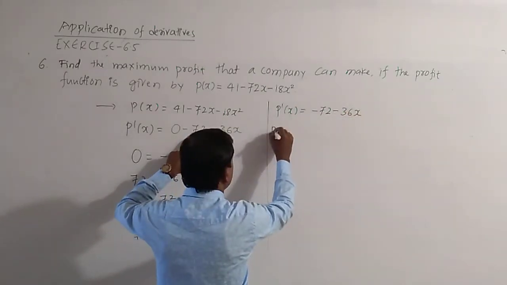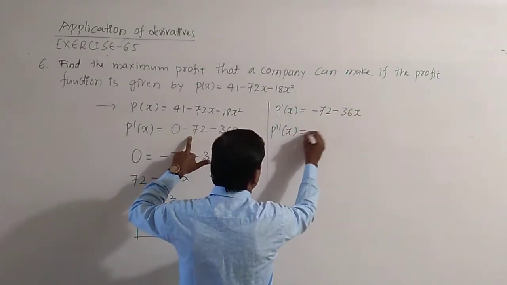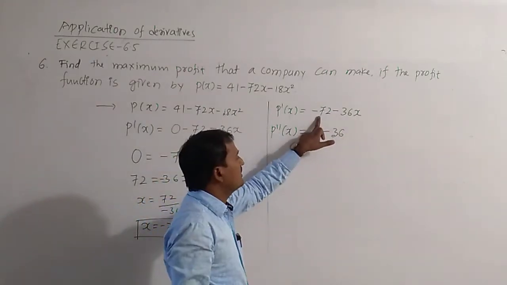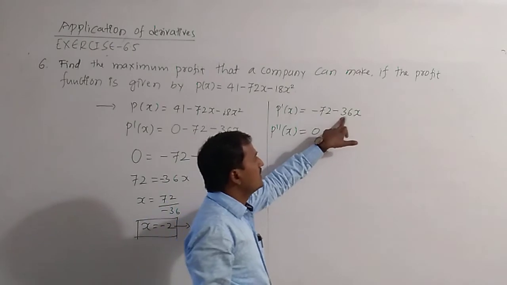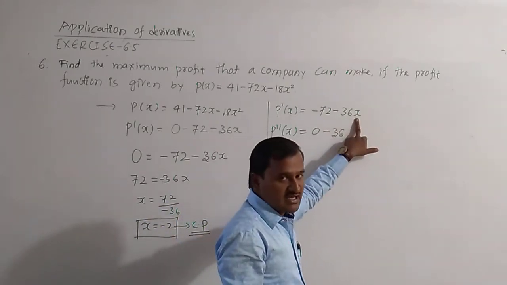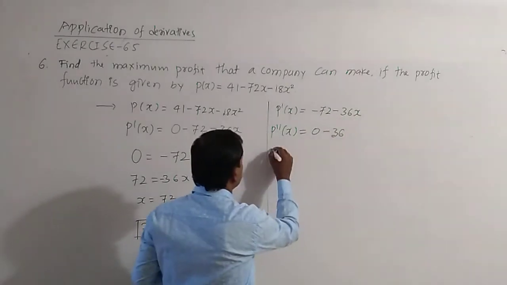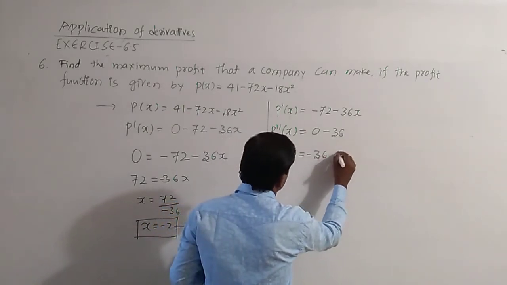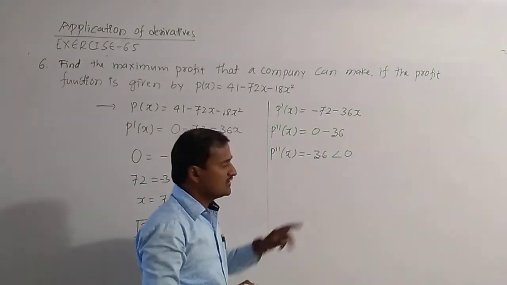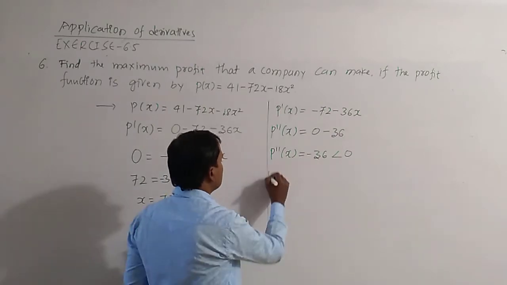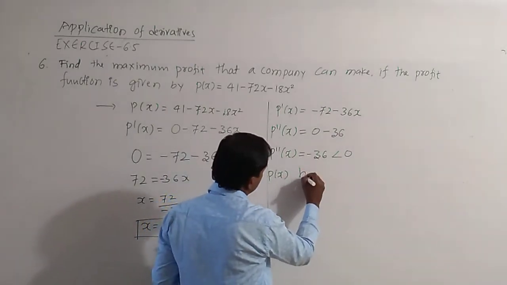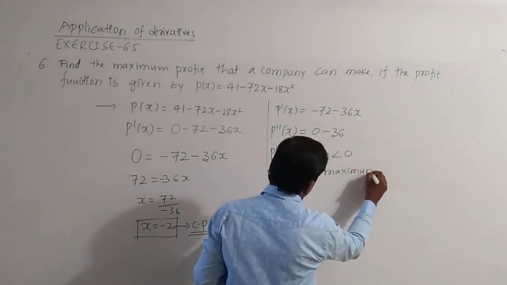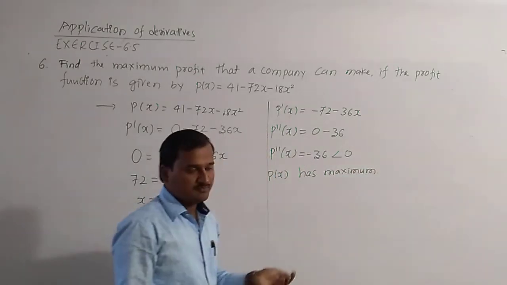So the second derivative is p double dash of x equal to 0 minus 36, because differentiation of 72 is 0, differentiation of 36x is 36. Therefore p double dash of x equal to minus 36, which is less than 0. Which is less than 0 means, so clearly p of x has a maximum value, right?